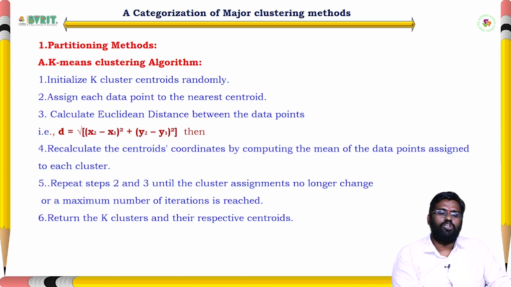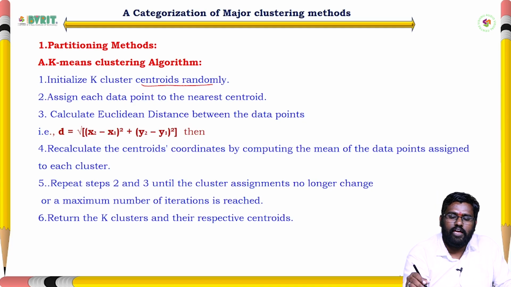So, the K-means clustering algorithm is used to find the nearest neighbor values. Whenever we reach the nearest neighbor values, we place those values and stop the process at that time. First, we need to take K cluster centroid points randomly.